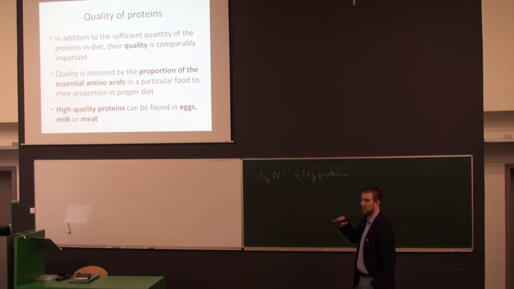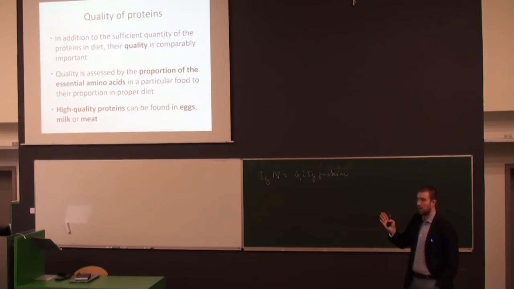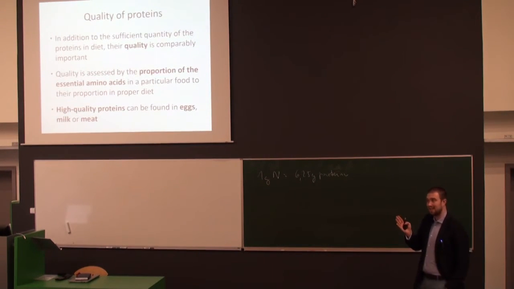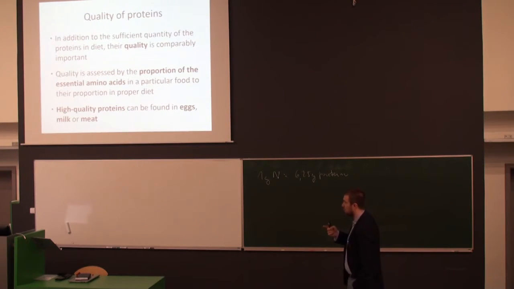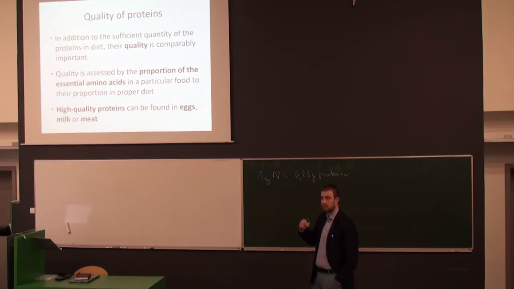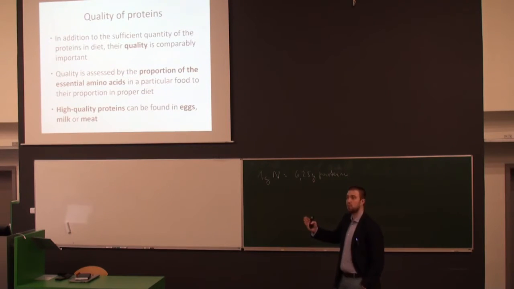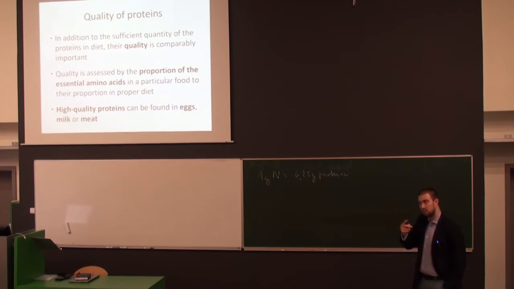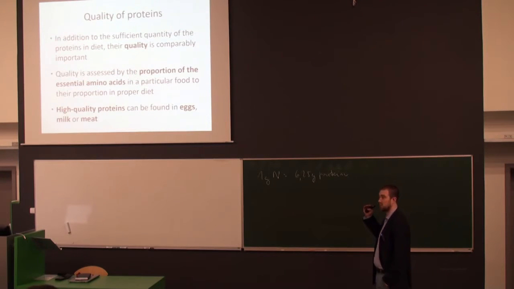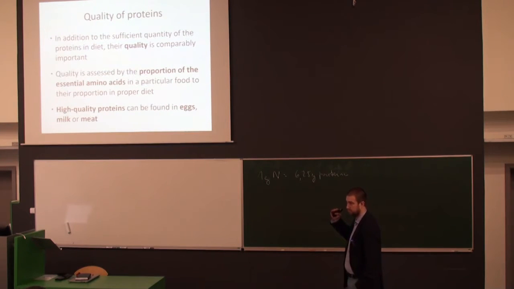Only you must take into account that if you eat only one highly specific food, it can lead to deficiency of some amino acids. And therefore, you must think much more about what is the proper composition of the food. But if you produce a good mix from different sources, you are able to gain the amount of essential amino acids that you need.